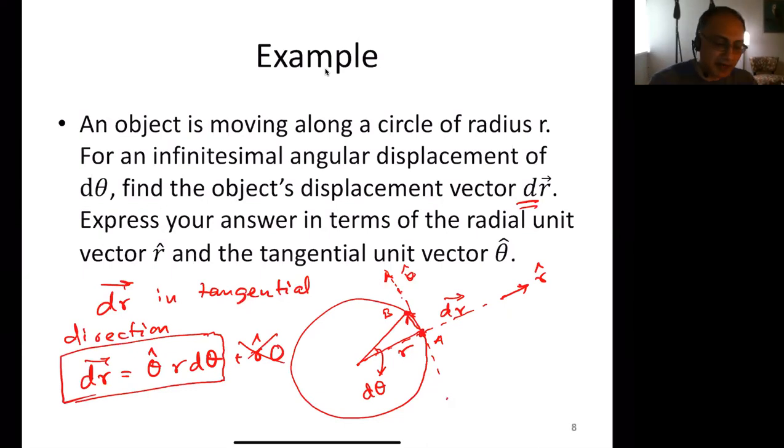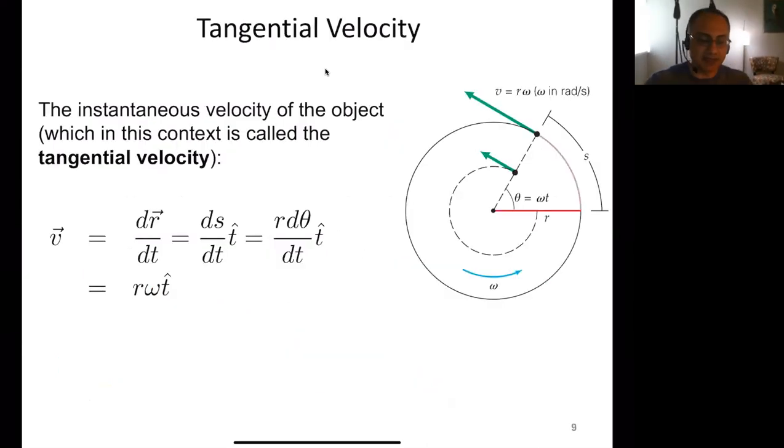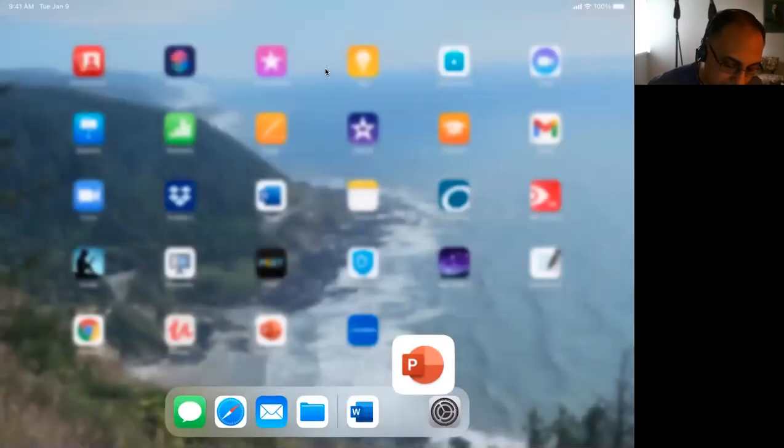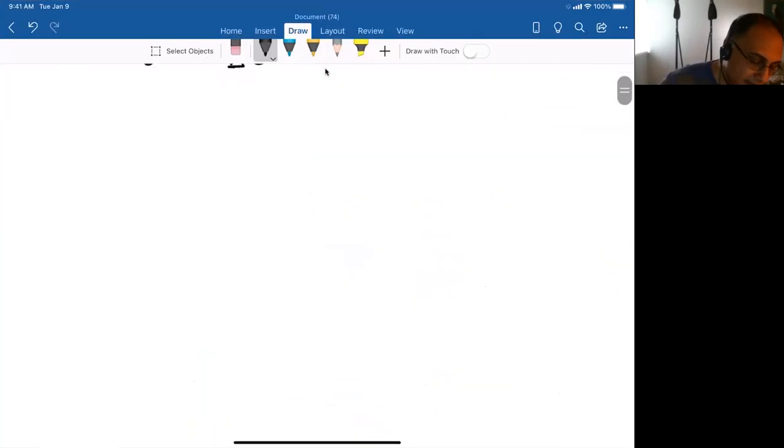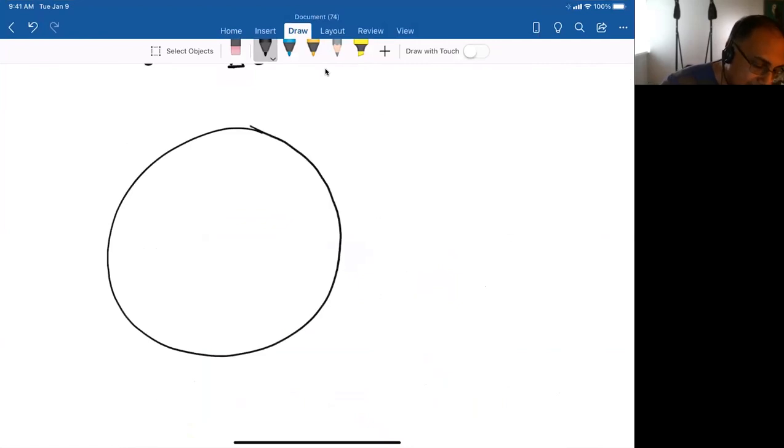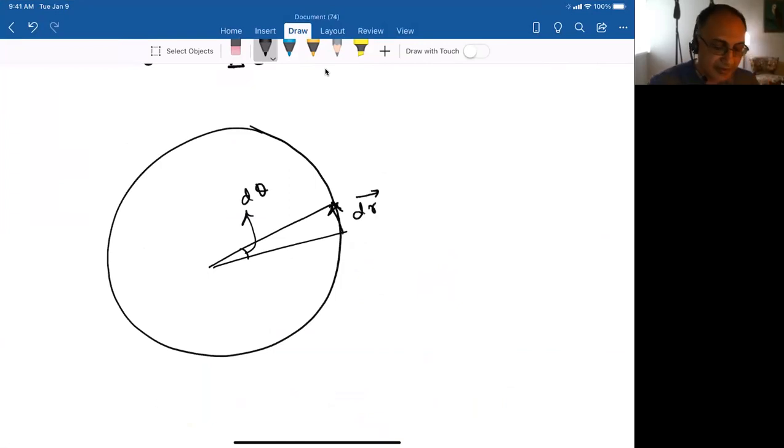All right, so we found the infinitesimal displacement vector of the particle for a very, very tiny angular displacement d theta. The displacement is dr, right? So now we can actually find the velocity. This is the same velocity that we've been talking about from the beginning of the course.